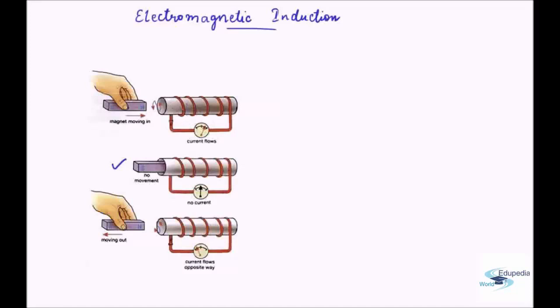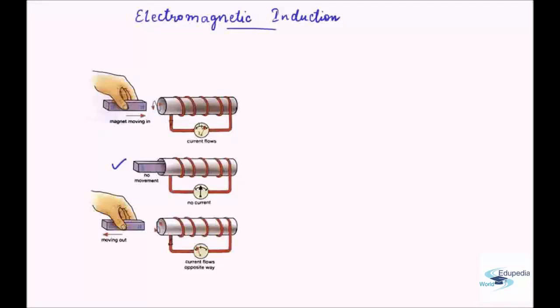Also, if the number of coil turns was more, he observed more deflection, revealing that more current is generated. And finally, if the area of cross section of the coil was increased, higher deflection was observed and more current was generated. So these were some of the conclusions from Faraday's experiment.